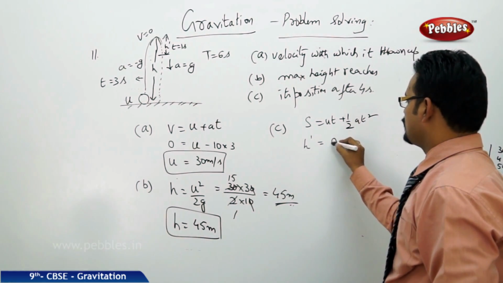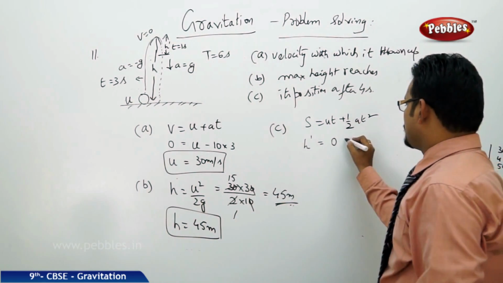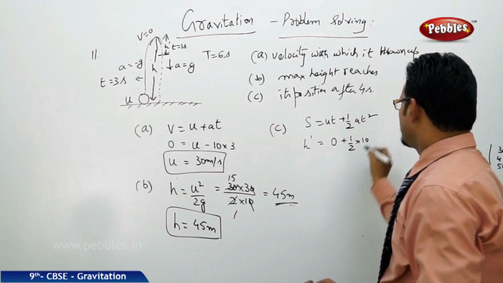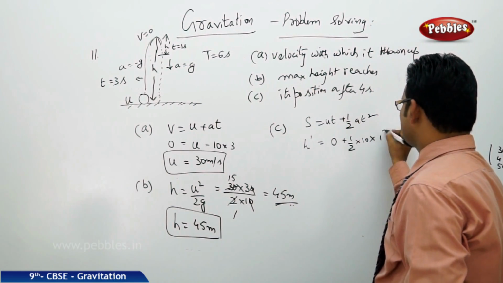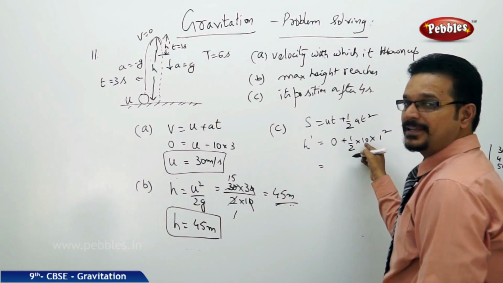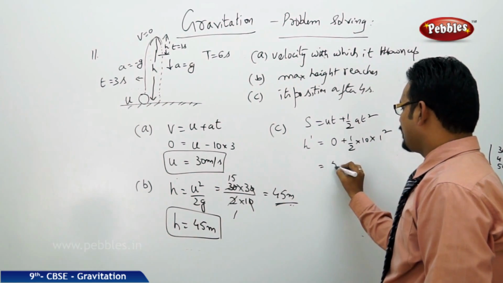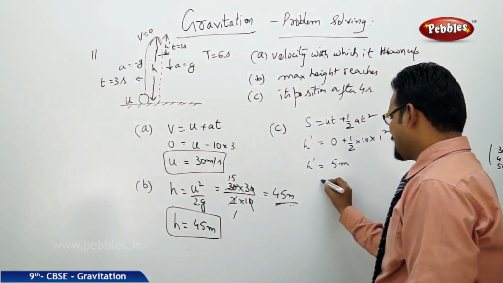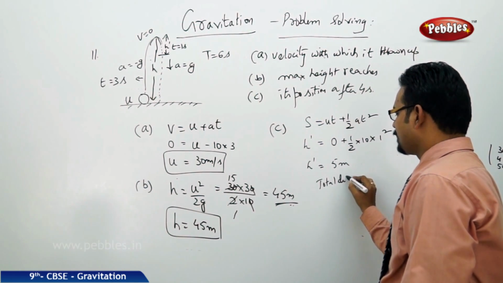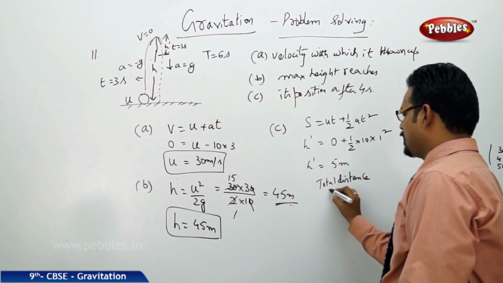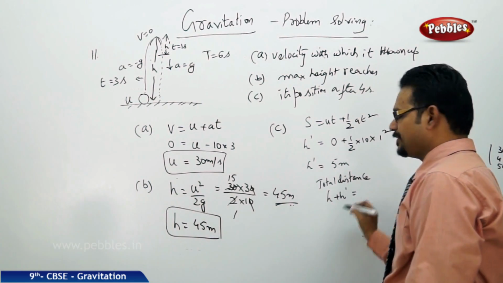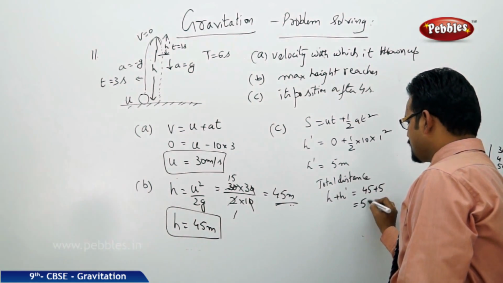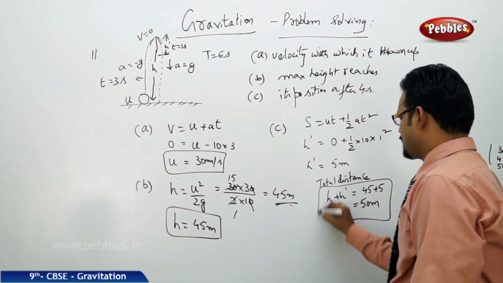U is 0, 0 into t is 0, plus half into a, which is g, I am writing as 10, into the time taken 1 second, 1 square. So how much do you get? 2 5s are 10, 5 into 1 square is 5, so 5 meters. H dash is 5 meters. So the total distance is nothing but h plus h dash, which is 45 plus 5, which is 50 meters. So this is the answer.